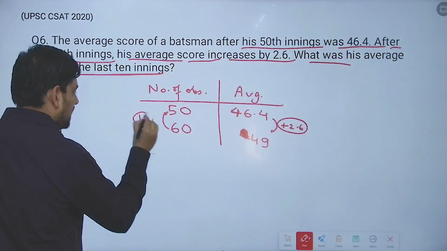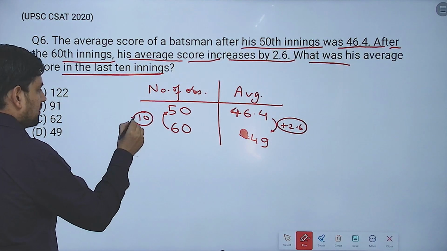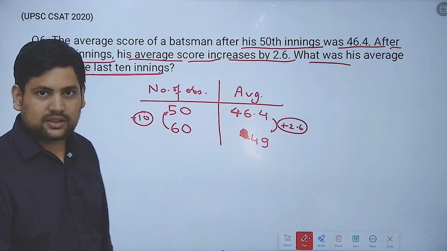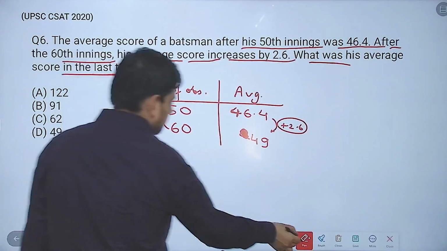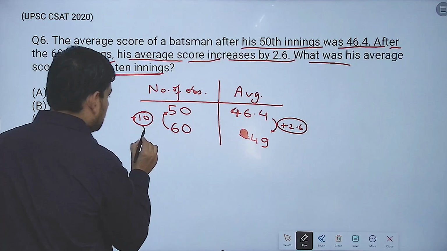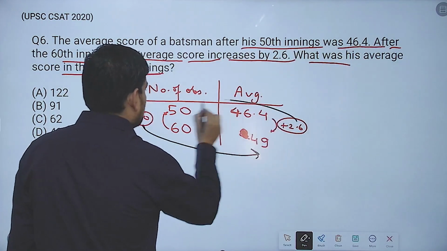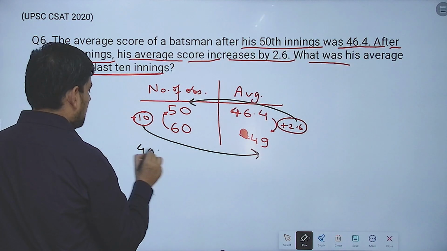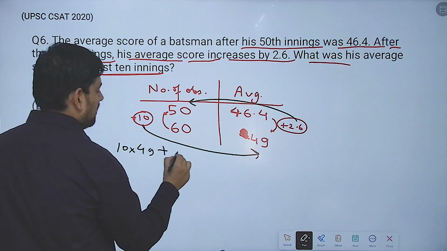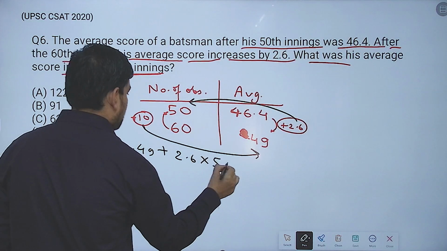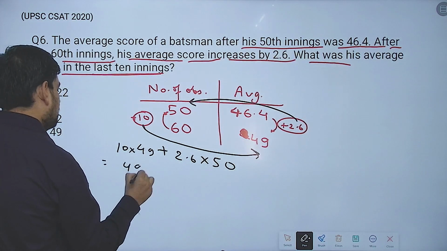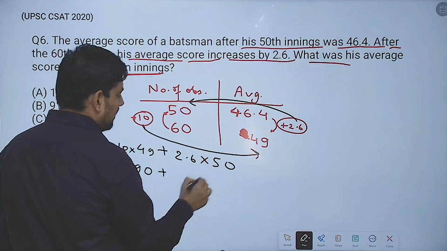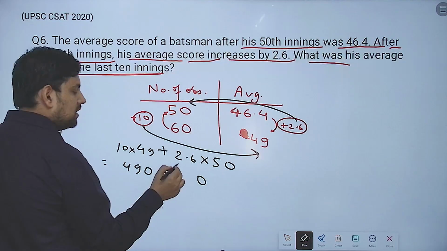Now what is the difference here? The difference is of 10 in the positive direction. So this is positive, fine. Then this is positive 2.6. Now like we used to do, this 10 into 49 plus 2.6 into 50. This comes out to be 490 plus 2.6 into 50, which is 130.